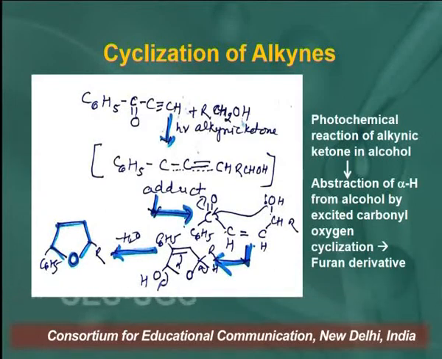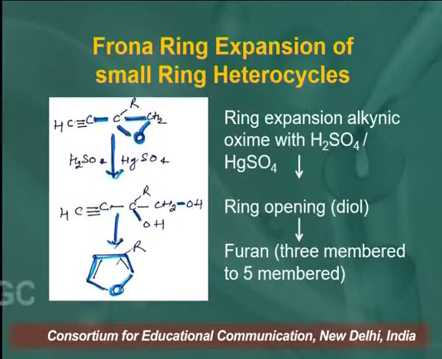After that, abstraction of an alpha hydrogen from the alcohol by the excited carbonyl oxygen, then cyclization. After cyclization we get a furan derivative. So this is the cyclization of alkynes. Another very important method is ring expansion: how we can get furan from a small ring. So this is another very important method.